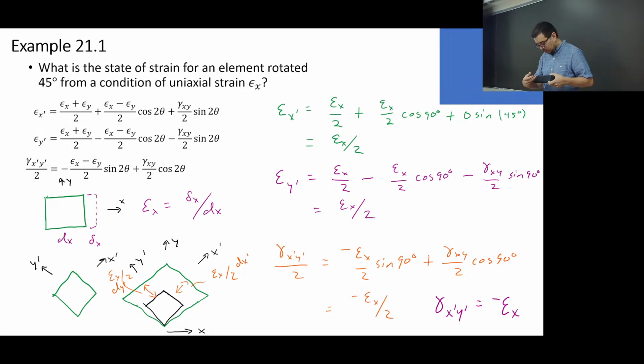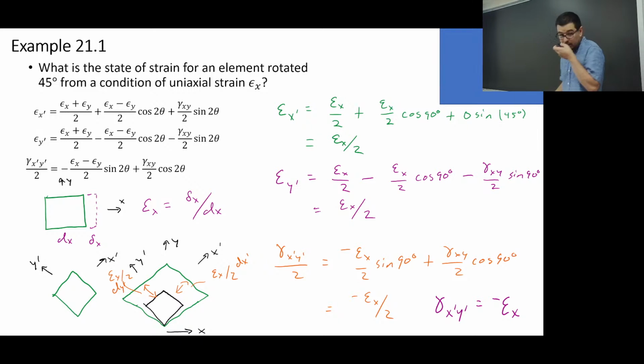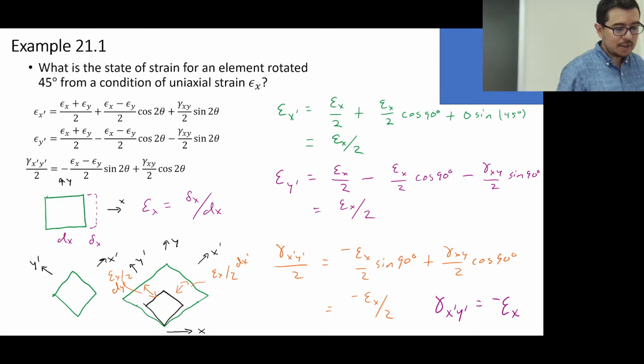And then I would draw a diamond, essentially the box rotated 45 degrees, and you would see, oh, that diamond is going to stretch out a little bit. Okay? So I can do that.